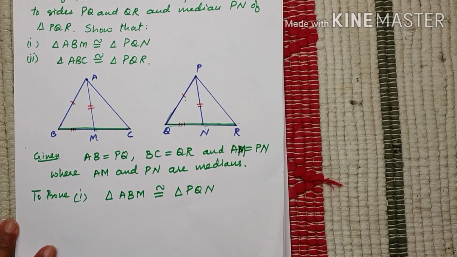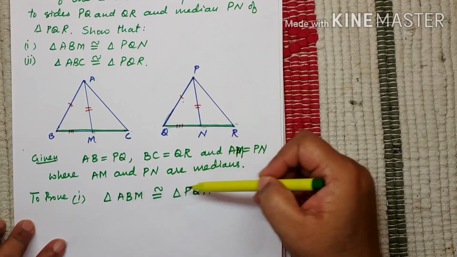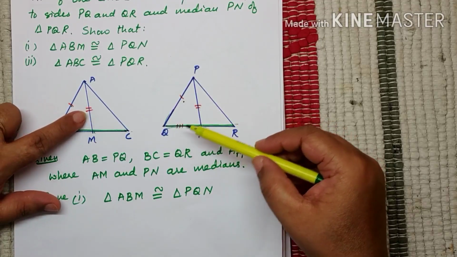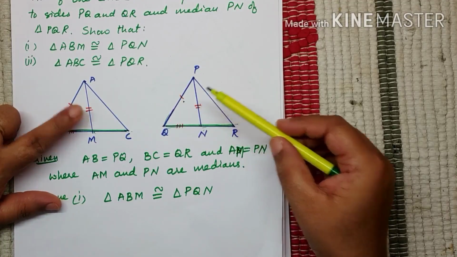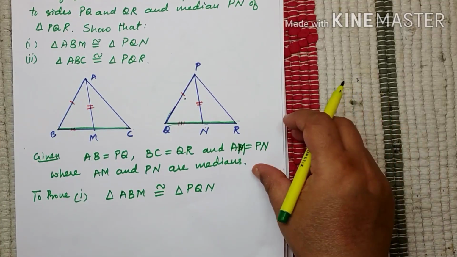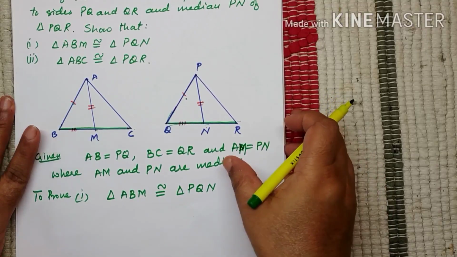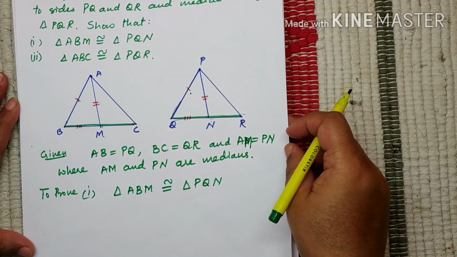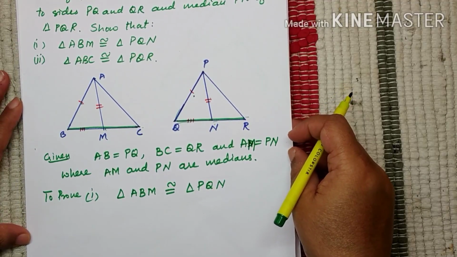My mind map says that in triangle ABM and triangle PQN, I have these sides equal. I have AM and PN also equal. So I got two sides equal. I am looking for the third option. So I have two sides, and the third option can be either the included angle or the third side.